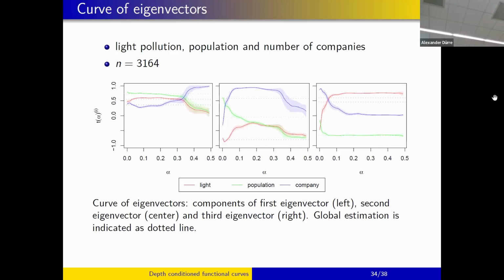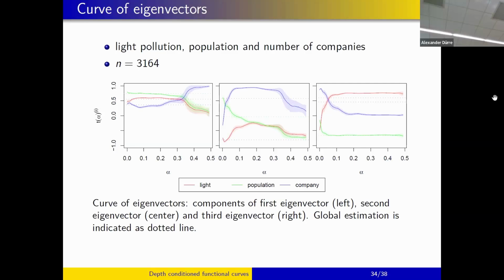The second one is more interesting. For the small values, you see that this is basically measuring only the blue line, the number of companies. So they are relatively close to zero, or even a contrast between companies and light and population. But if you go to the extreme, then it's a contrast between population and light. So the second principal component distinguishes between light and population.